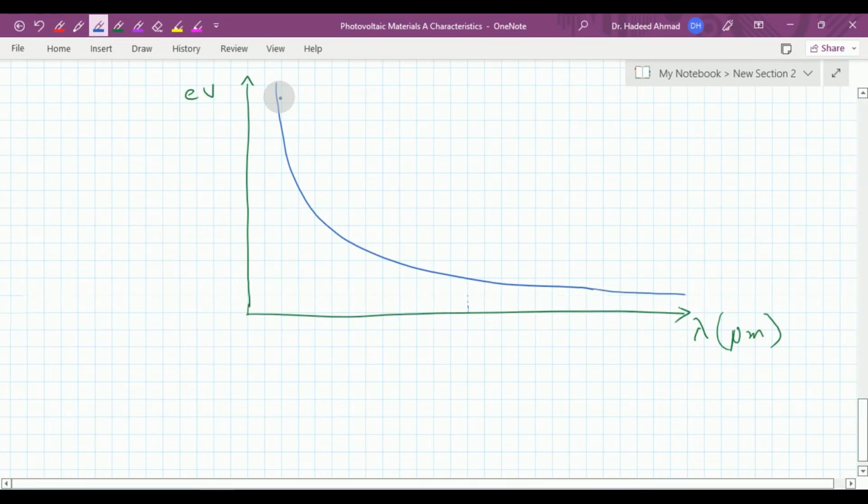Somewhere here, let us say, we have 1.11 micrometer as the wavelength.